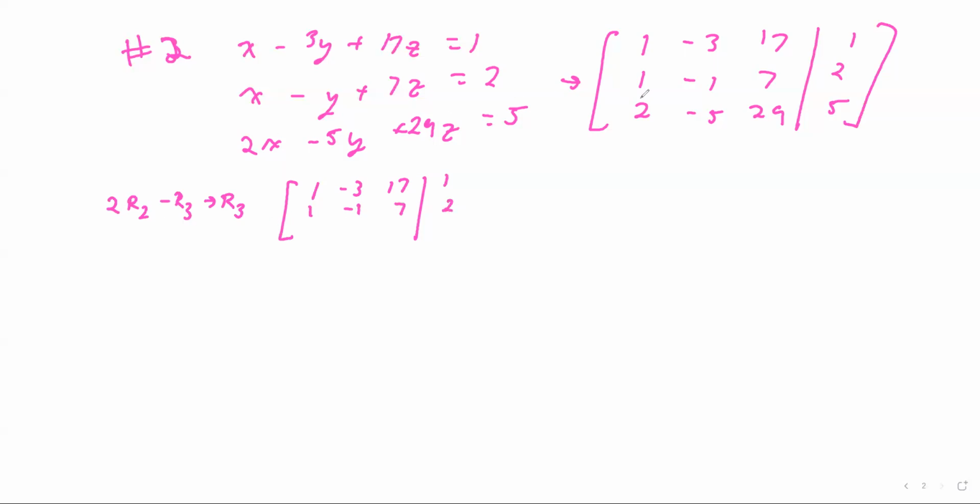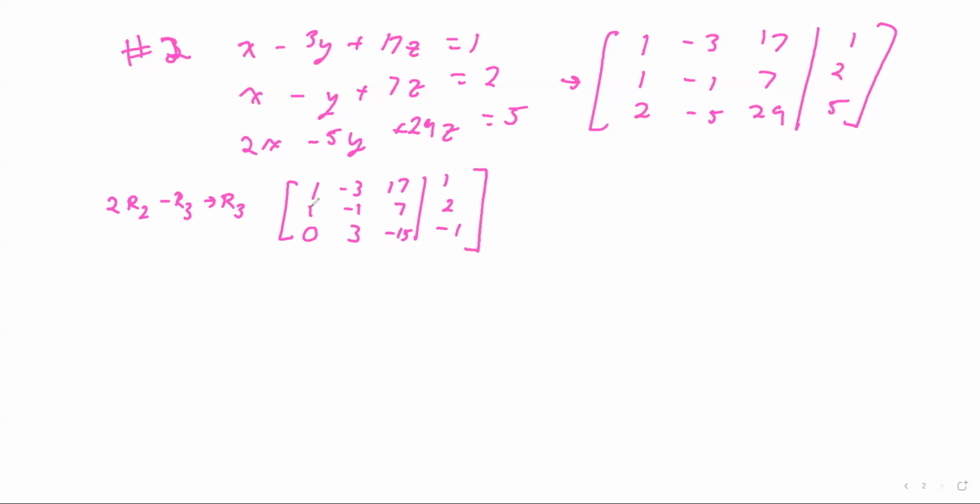Then 2 times row 2 is 2, minus row 3, which is 2. So 2 minus 2 is 0. That's what I wanted, so I accomplished that. Next, negative 2 plus 5 will give you 3. This will become 14 minus 29, which should be negative 15. This will be 4 minus 5, which is negative 1.